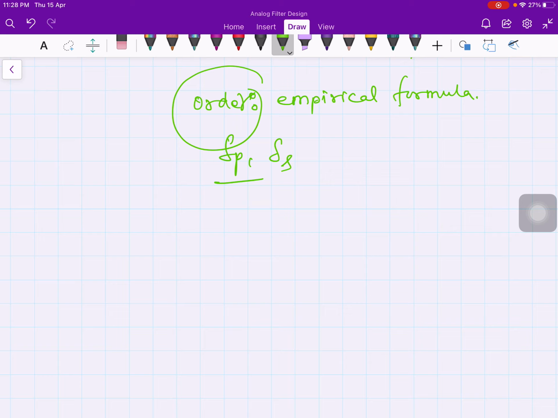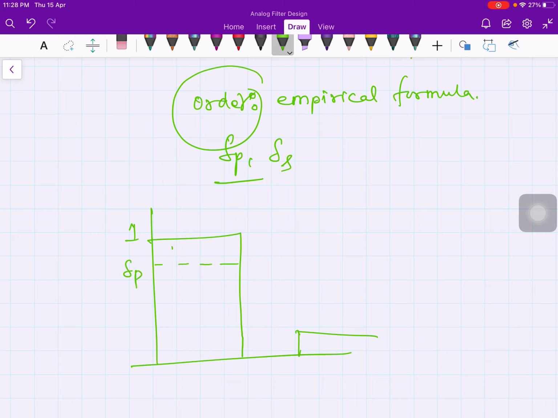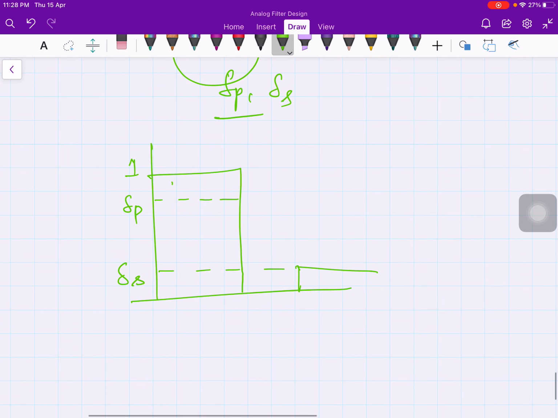But these formulas were worked out not with the kind of tolerance scheme that we are following. What do we follow? If we take a filter, the highest value is 1, and in the pass band the lowest is delta P, and in the stop band the highest is delta S, with stop band edge omega S and pass band edge omega P. But these people at Bell Labs used different notations.